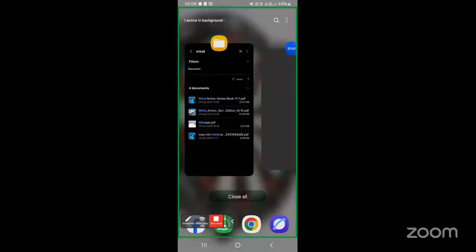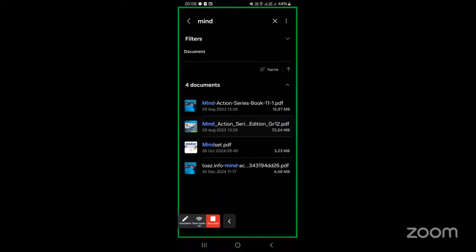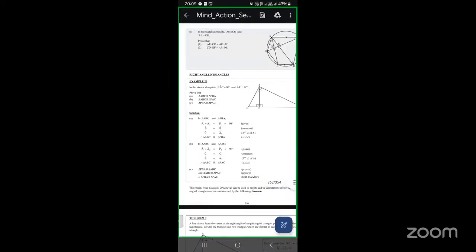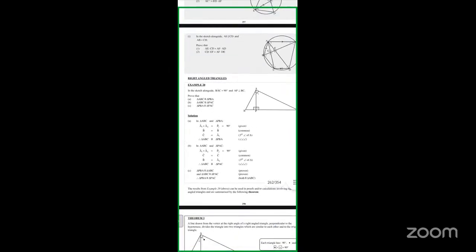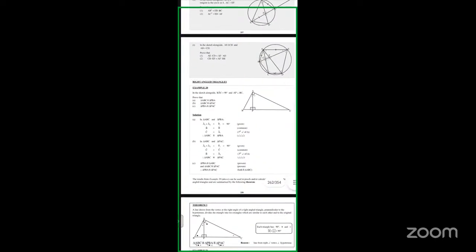Then where's my screen? Share the screen. And then I can go to Facebook. All right, there we go. So I just want to confirm, guys, before we start today's lesson, if you all can see my screen.